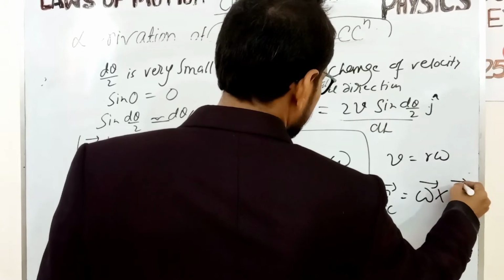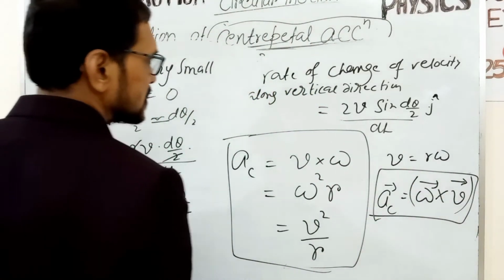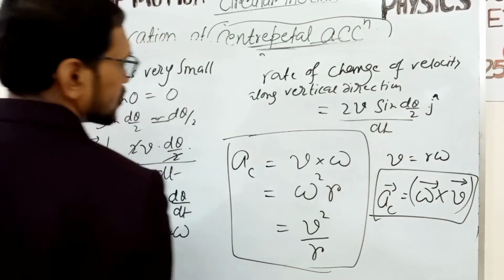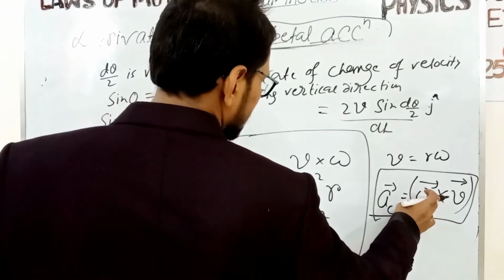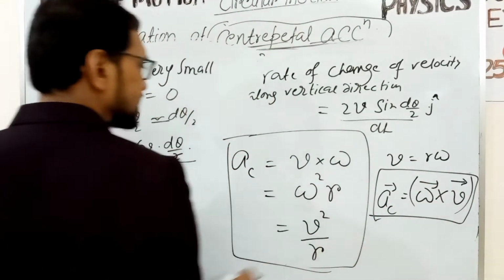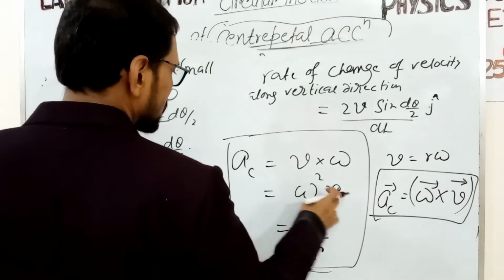In circular motion, the angle between omega and v is 90 degrees. So that is why it comes only v into omega. If we take the magnitude, it is omega square r.